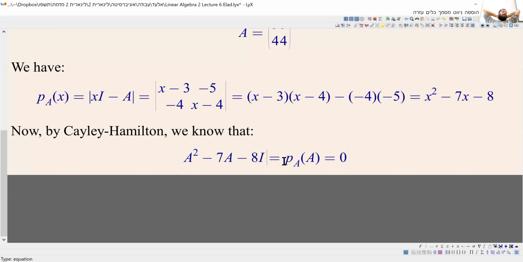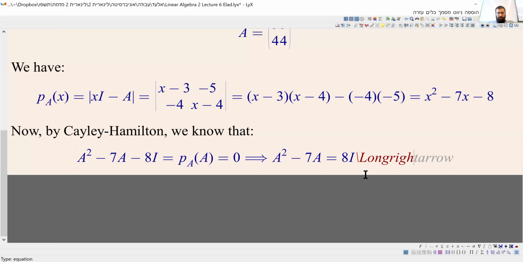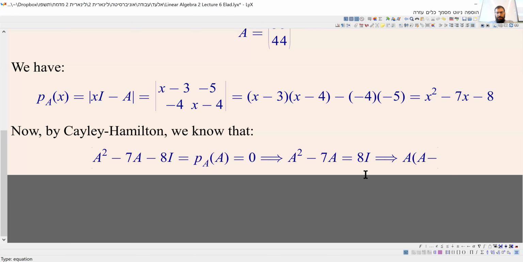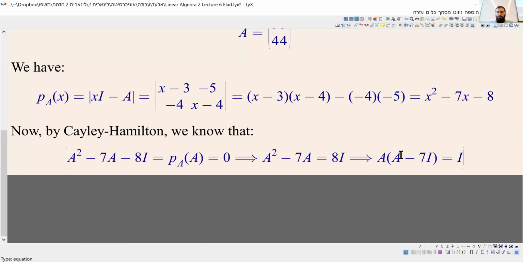And what do we have here? We can write this equation as A squared minus 7A equals 8 times the identity matrix. And another step forward, we get that A multiplied by (A minus 7I) is 8I. And you know what?